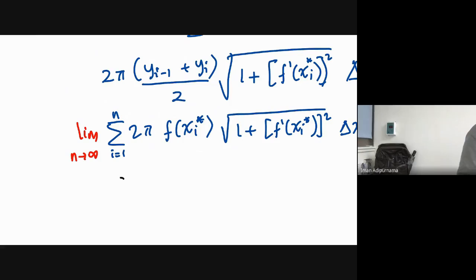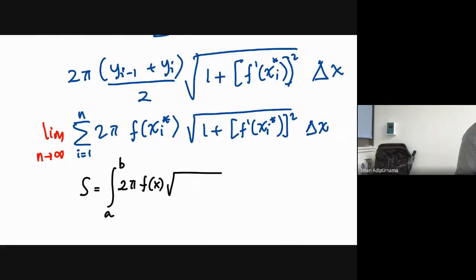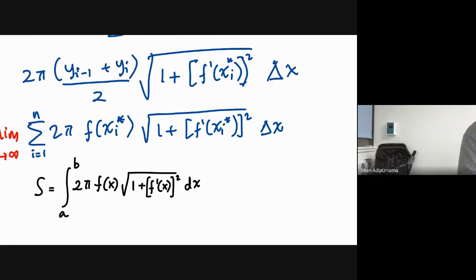So we get the surface area is the integration from a to b of 2 pi f of x times square root of 1 plus, dx. This is for y equals f of x, and x is in between a and b.